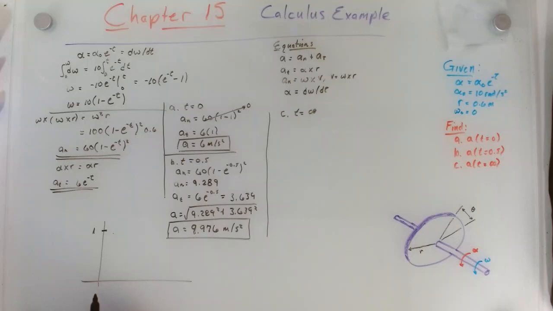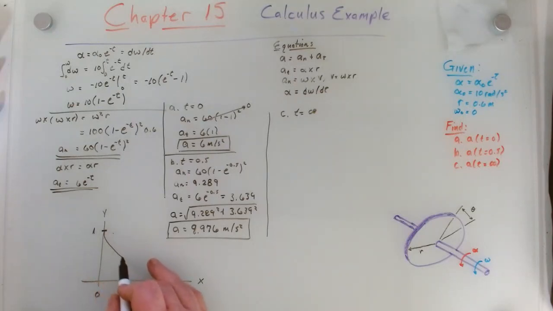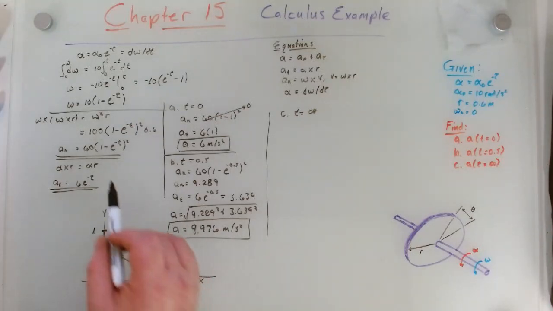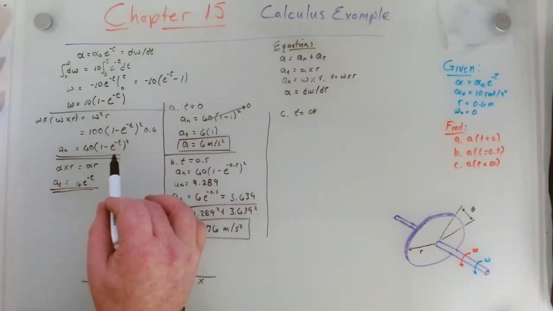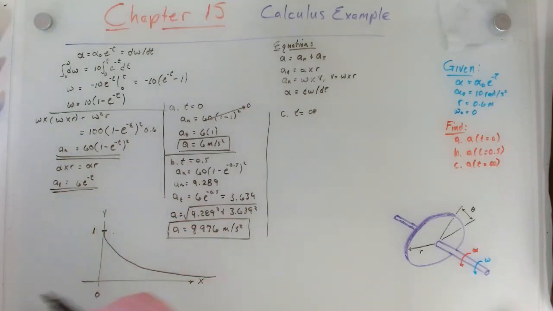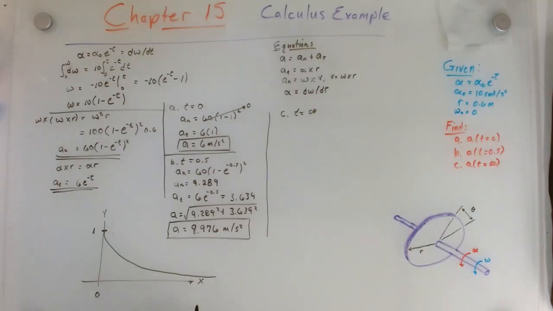This is the y-axis, x-axis, this is 0. And it's shaped like this, right? The general idea is that when you get to infinity, that's the only time that e to the minus t gets to 0. So wherever you see e to the minus t at t equals infinity, it goes to 0. You can take the limit if you want, but you're going to get 0.